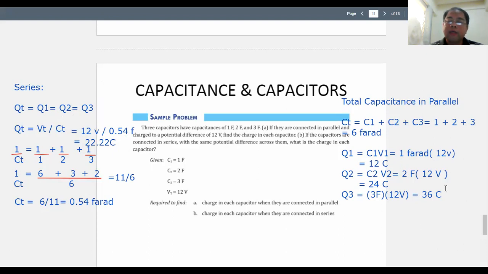For a parallel connection, the total charge is going to be a bit higher, but for series, our total capacitance is a bit lower. Okay, so this is how we calculate the circuit that we have.